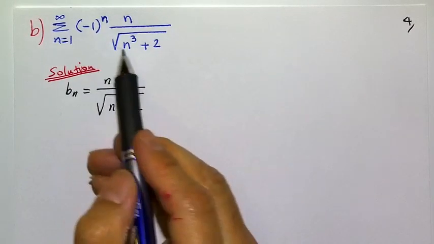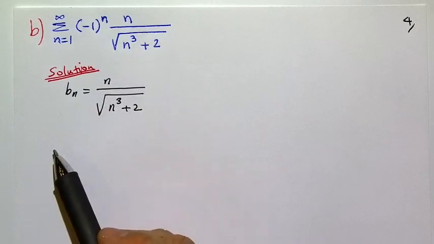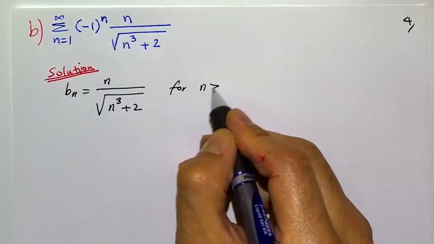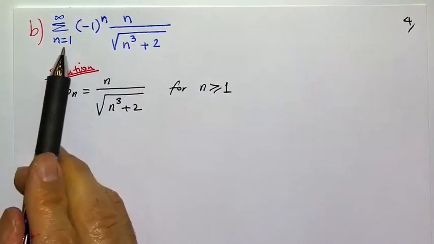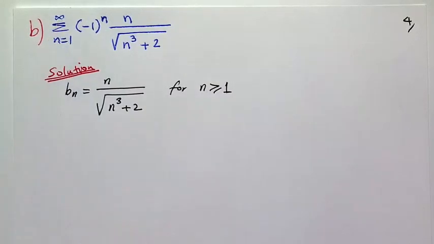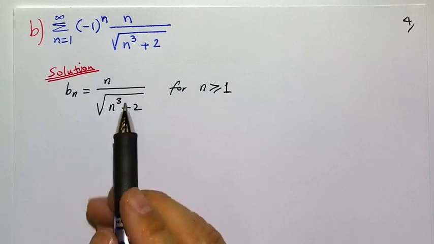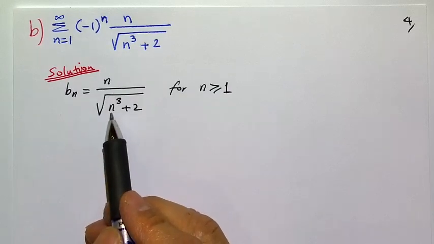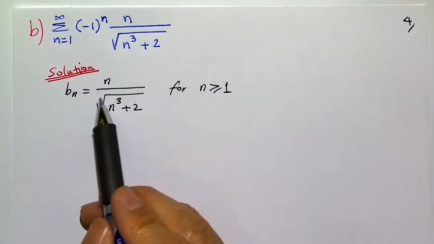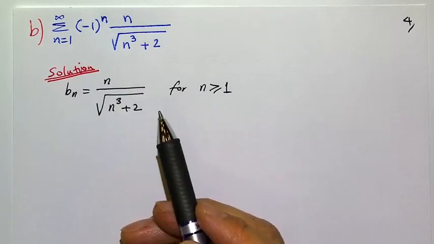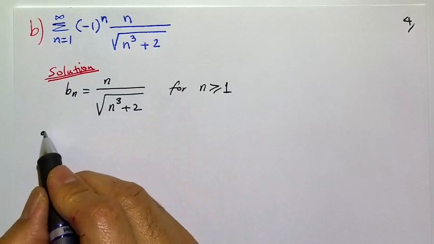Just looking at that, we can establish that very quickly for all n, meaning from 1 to infinity. Now, to check whether this is a decreasing or increasing function, let us turn this into a function of x and take the first derivative. So let me write that down.